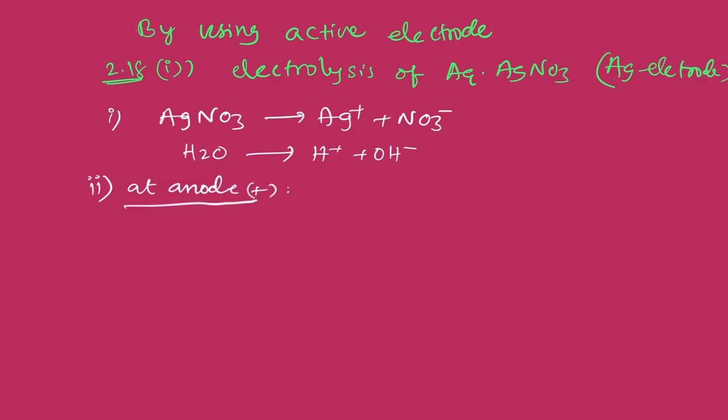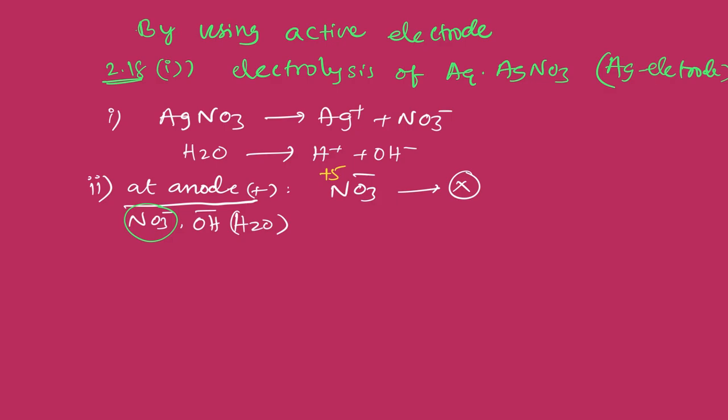Therefore, which ion will be oxidized here? One is NO3 minus, another is OH minus, that is actually from water. Now we know that NO3 minus will not undergo oxidation. Reason: NO3 minus converts into no product, because it is already at the +5 oxidation state, no further oxidation, therefore this reaction does not take place.